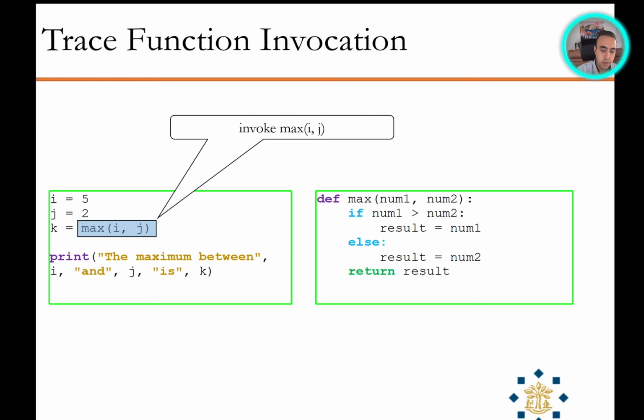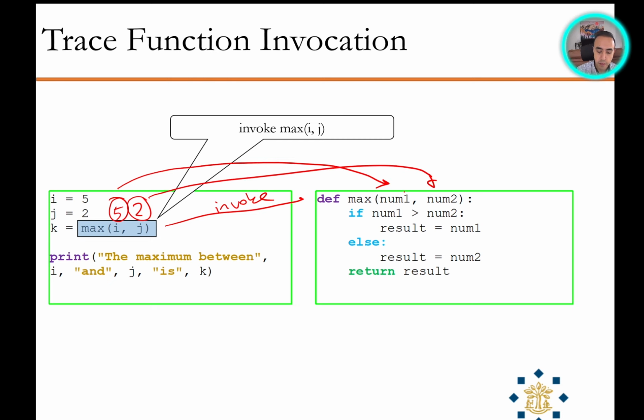Okay, so we have 5 and 2, right? Here we invoke the function with 5 and 2 as the two parameters. 5 goes to num1, 2 goes to num2. Always make the first one equal to the first one here, and the second one equal to the second one.